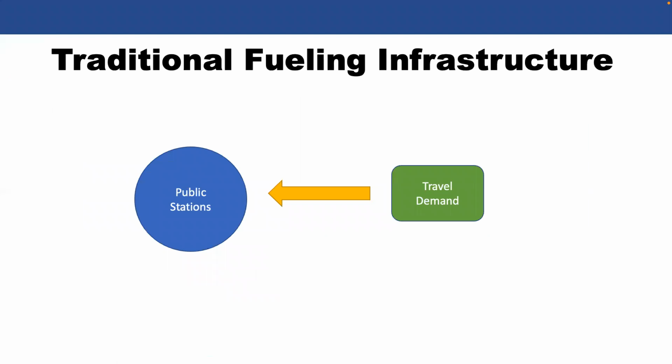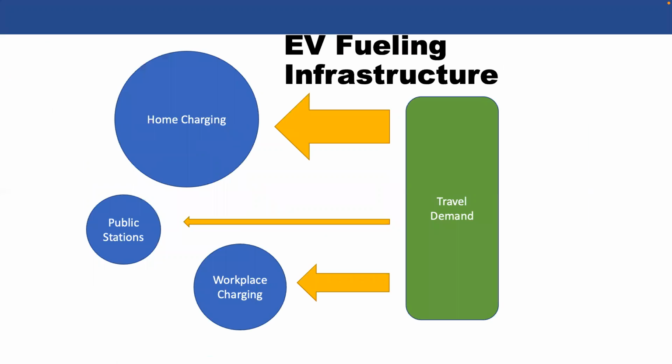So traditional fueling infrastructure, we have people traveling, they use up their fuel, then they go to a gas station and they fill up, right? But with electric vehicles, I can charge at home, I can charge in the workplace, I can charge in public. In reality, the vast majority of charging takes place at home.